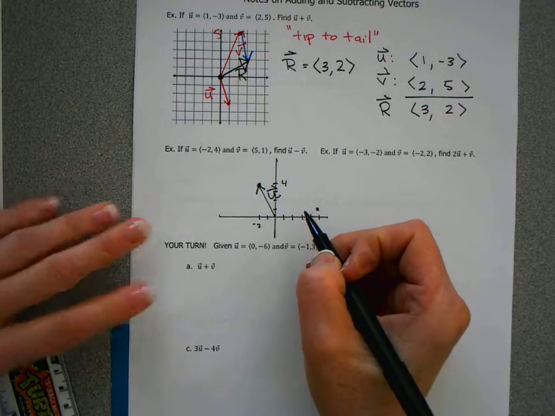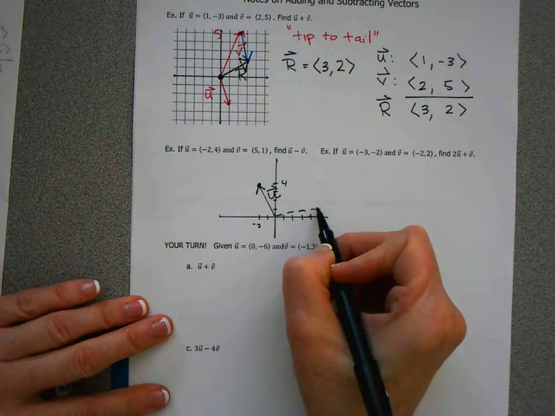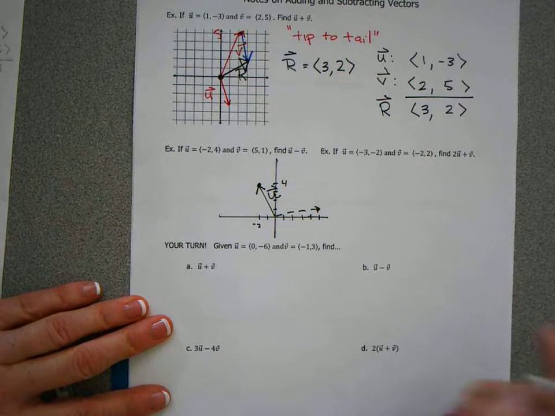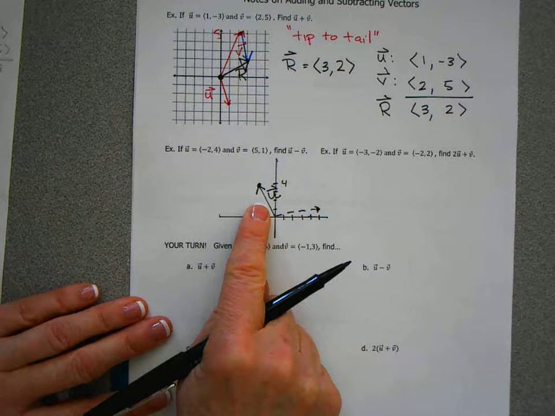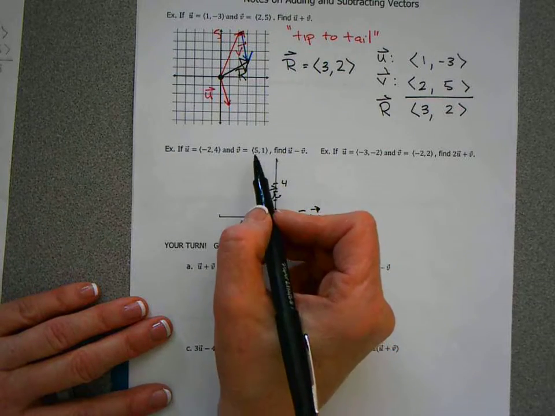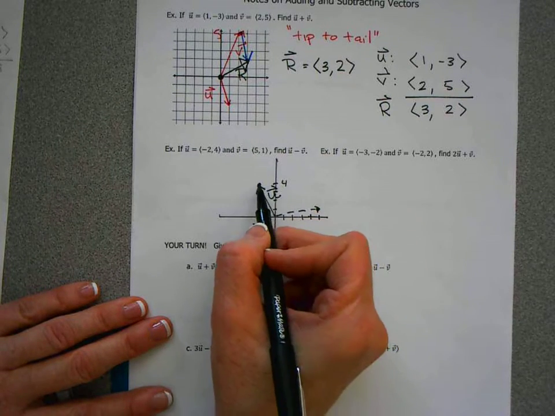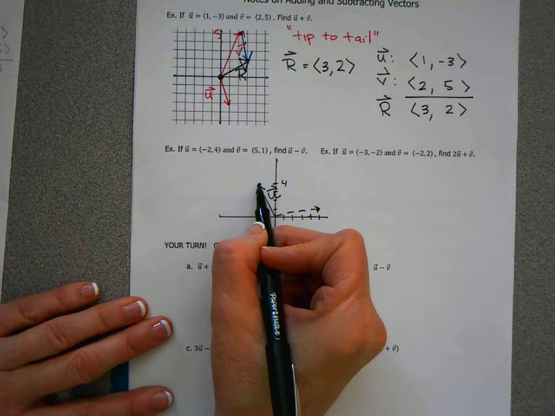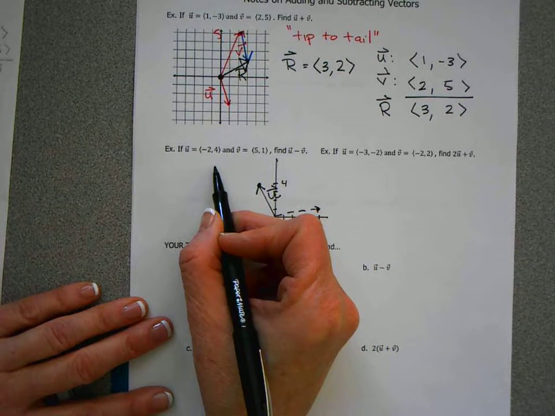And I'm going to draw it in a dotted line. Here it is in standard form. But I don't want it in standard form. I want it to be subtracted from this vector. So v is 5, 1. So what I'm going to do is from here, this point, I'm going to go left 5, up 1.